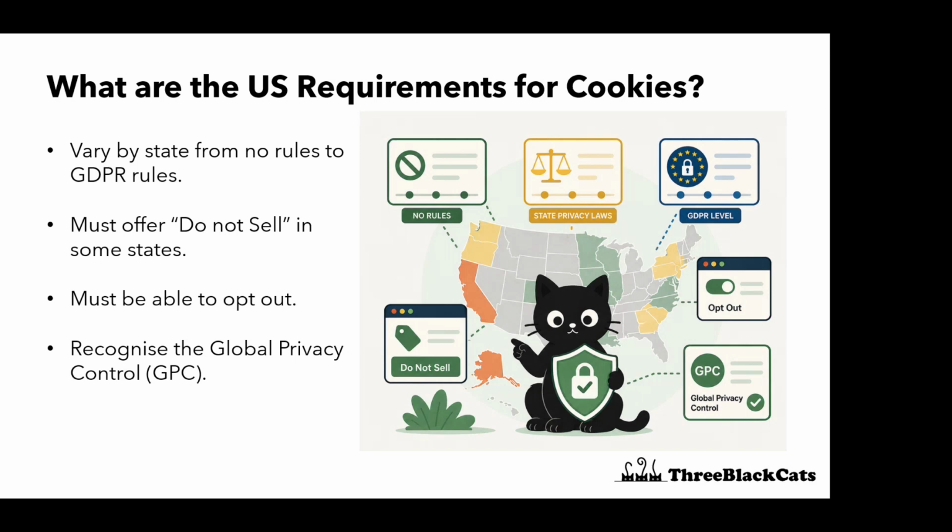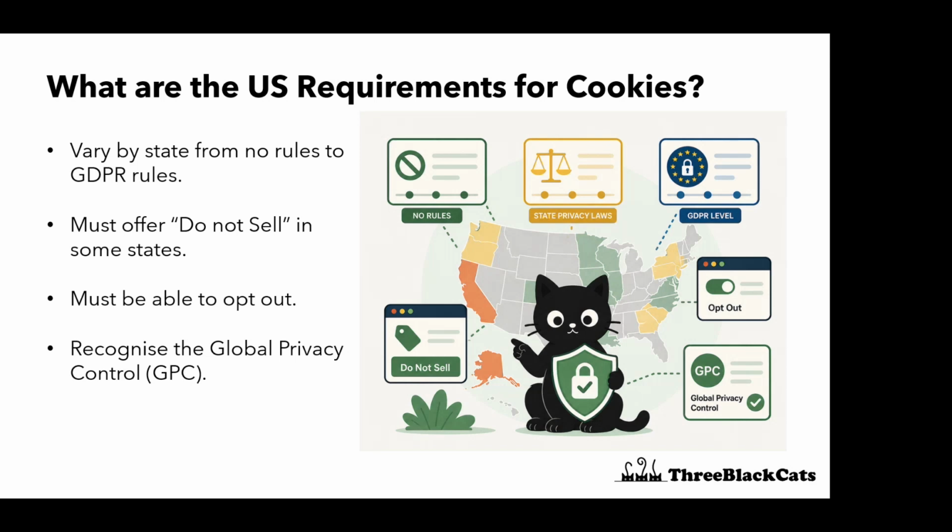People have to be able to opt out, and that is okay. Up to it is okay for people to be able to opt in, but if they scroll, then that is deemed to be consent. So it doesn't need to be as explicit as Europe.